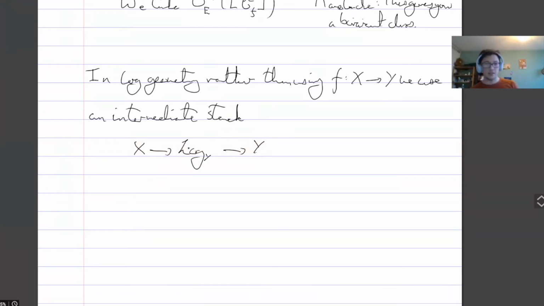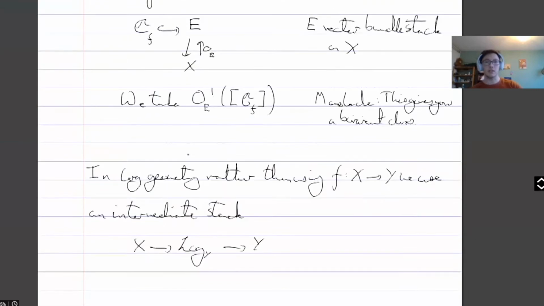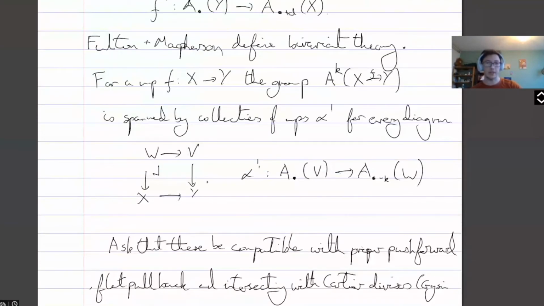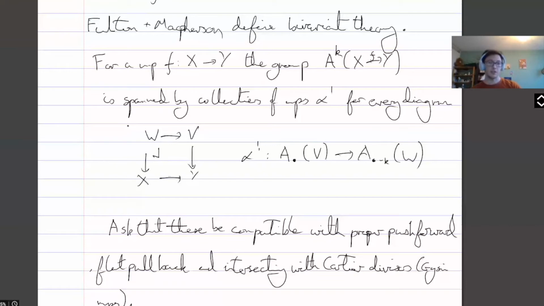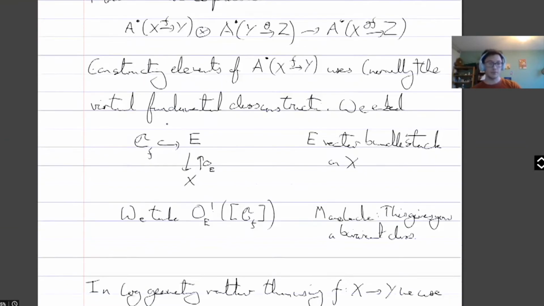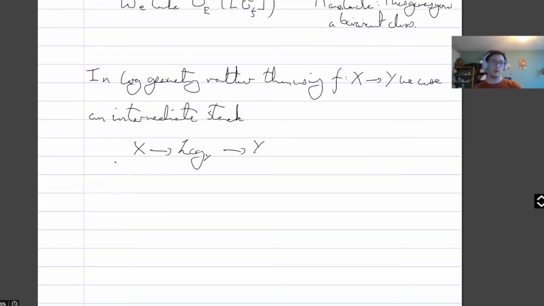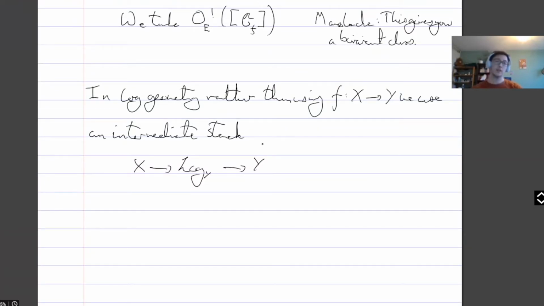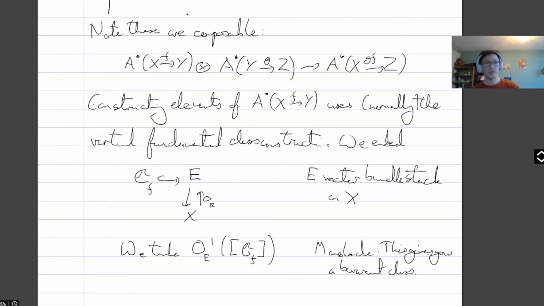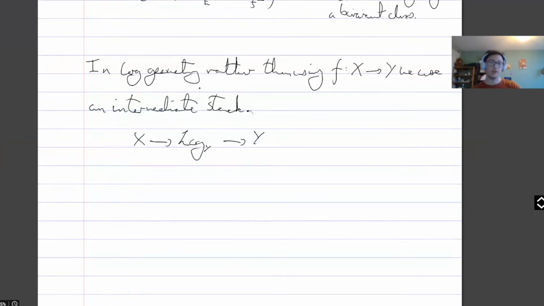But the problem is that this construction of log Y doesn't interact at all well with taking fiber products. So all of these diagrams won't give you, I mean, they'll give you a class in the bivariant theory of X to log Y, but they won't ever, except in extraordinarily trivial cases, give you interesting things in the bivariant theory of X over Y. And so that throws a spanner in the works of all of this machinery from working.